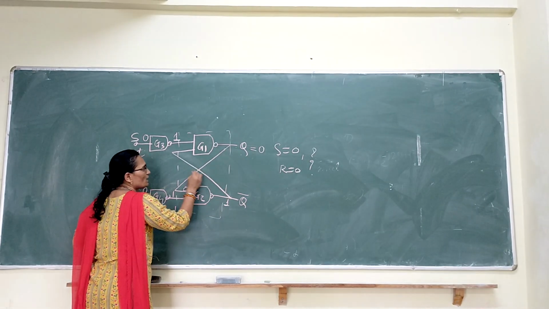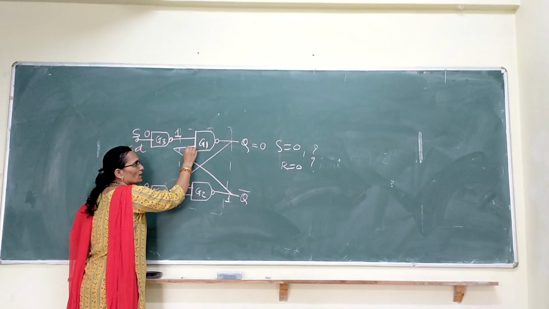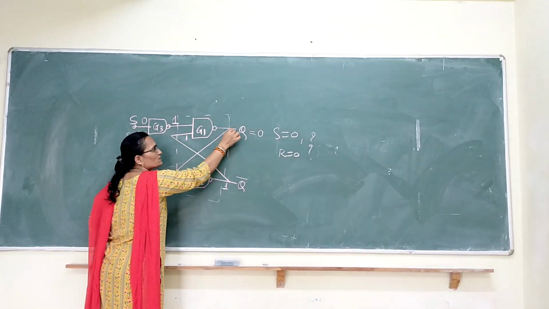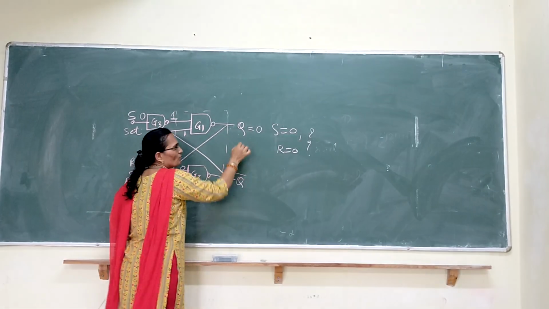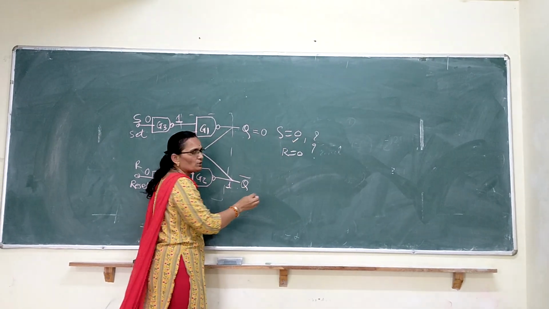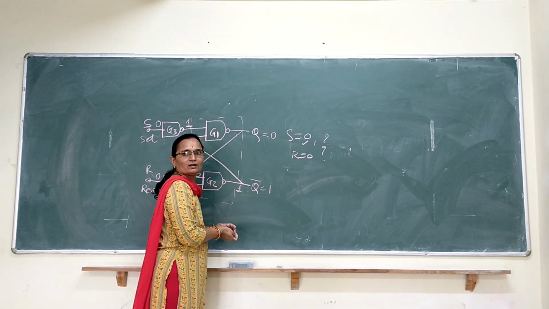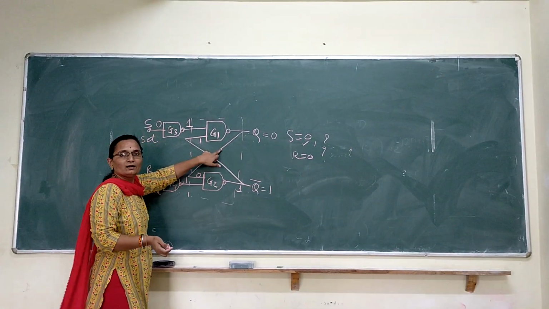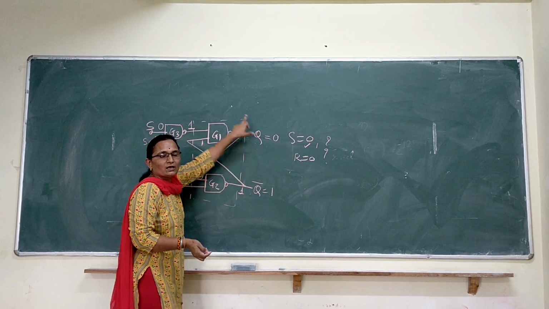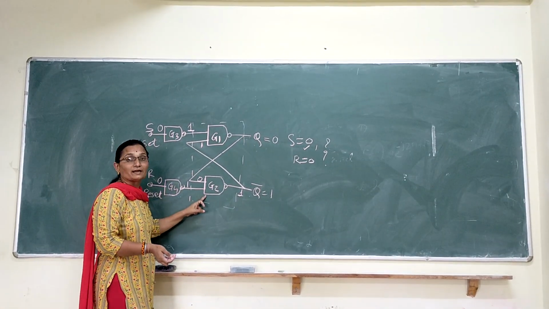This 1 comes back to the G1 NAND gate as an input. With inputs 1 and 1 you get a 0. That is, Q is 0 and Q bar is 1. This condition means the circuit is in a set state.